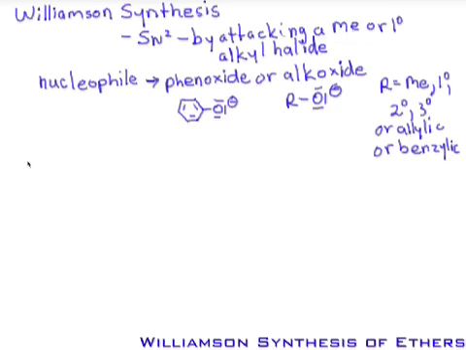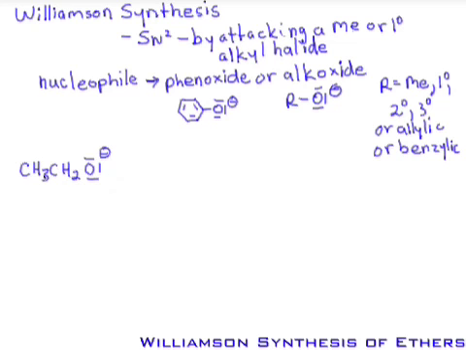So for example, in the Williamson synthesis, I can take ethoxide anion. Now remember, don't be confused by this. This is the anion. You can't get a bottle of anion. So the ethoxide has some counterion salt. It's found in some salt form. So it's either sodium ethoxide or potassium ethoxide.